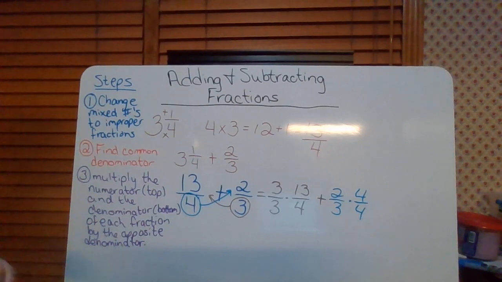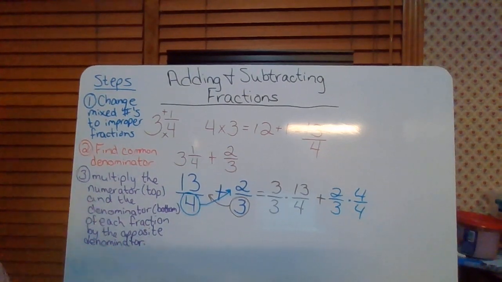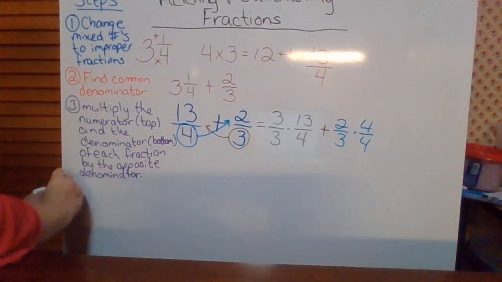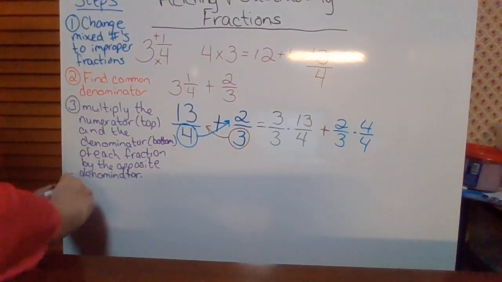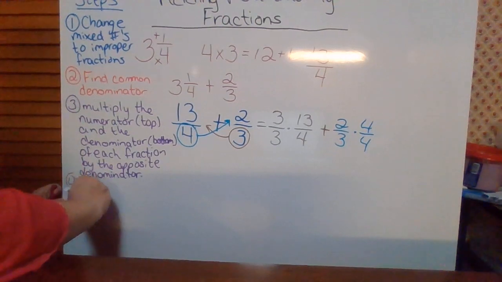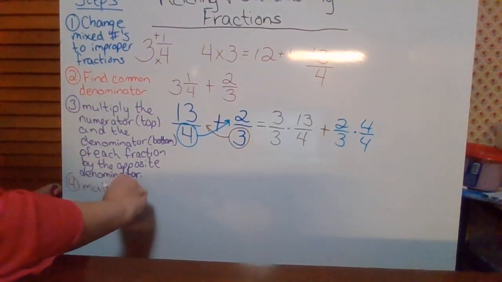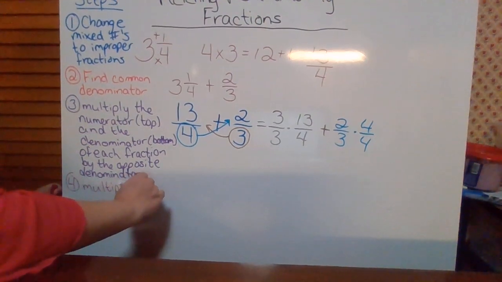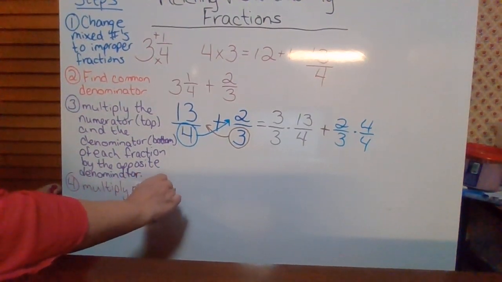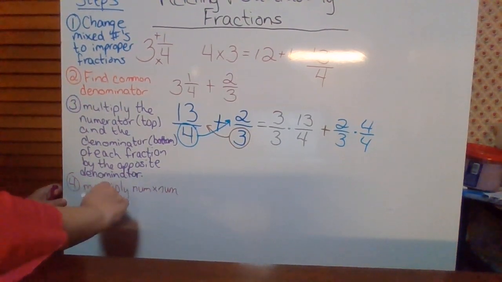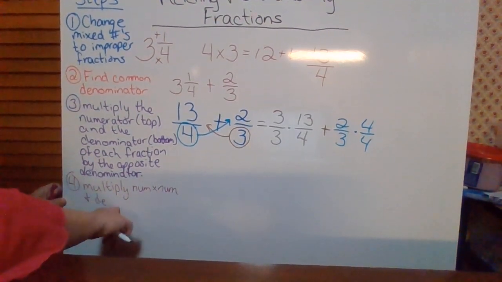Then your next step, which I'm going to have to move our camera down a little bit because I'm running out of room. Step 4. Multiply numerator times numerator and denominator times denominator.